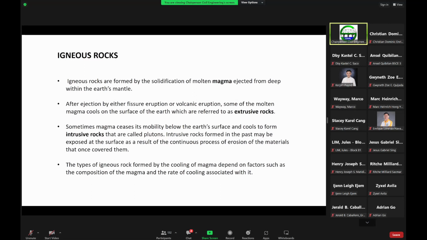What is important to note here is that there are two types of igneous rocks, the extrusive rocks and the intrusive rocks. Later on, I will give some examples of these rocks, and I will tell you which of those rocks are commonly found based on my experience, which we normally encounter in construction, for example.